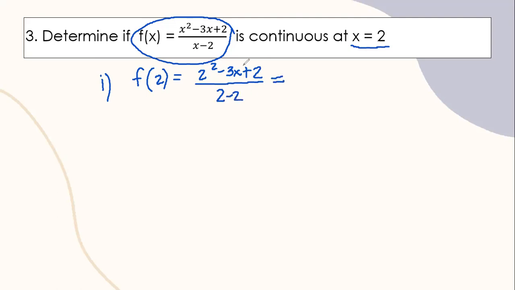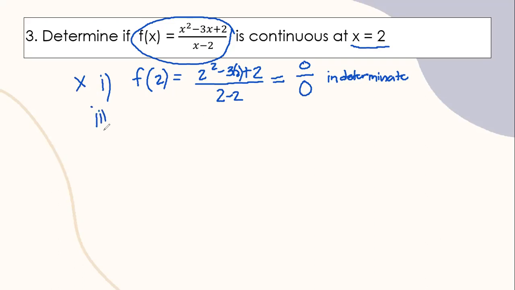So we got answer of 4 minus, so this is 3 times 2. 4 minus 6 plus 2 is 0. And 2 minus 2 is 0. So indeterminate. Okay, so wala tayong nakuhang value. Okay, constant value. That's why. Okay, so masabi natin na hindi na satisfy yung first condition.